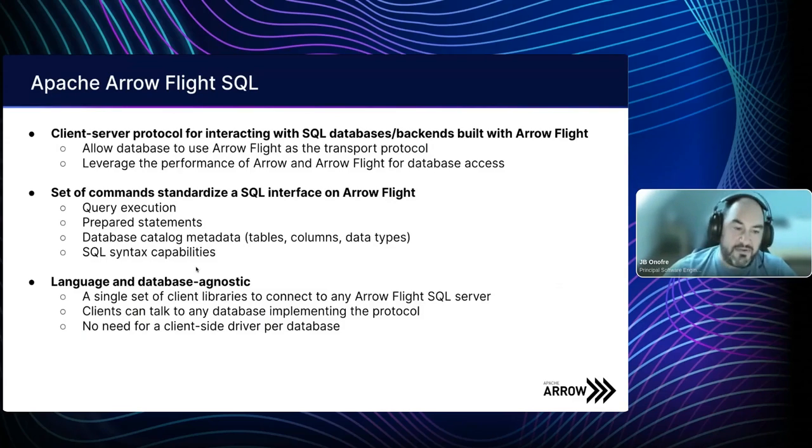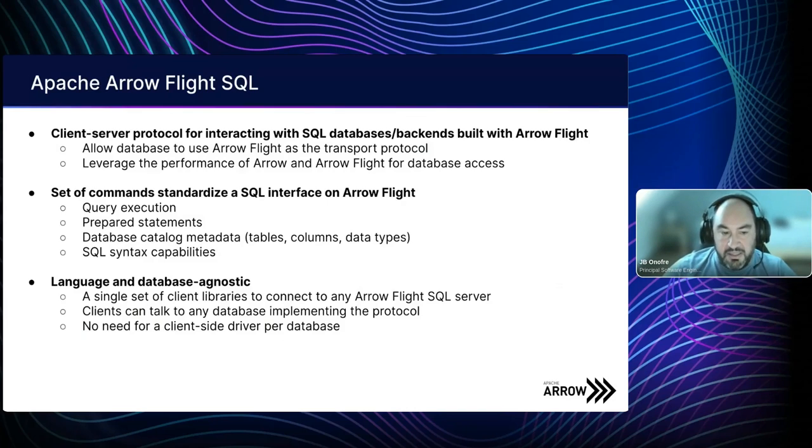So it's language and database agnostic, meaning that the same client implementing Arrow Flight SQL can interact with any Arrow Flight SQL server. So the code that you write today that works with Dremio, if later you switch to another engine that still supports Arrow Flight SQL, then your client doesn't change.